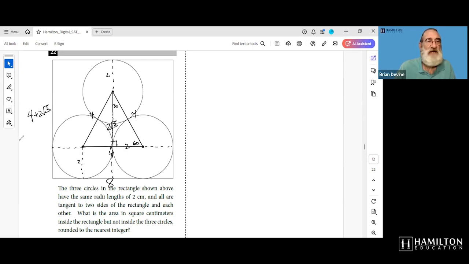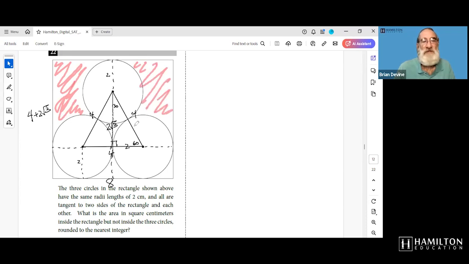And what I have to find then is all of this area, the stuff that's inside the square, but not in the circle.